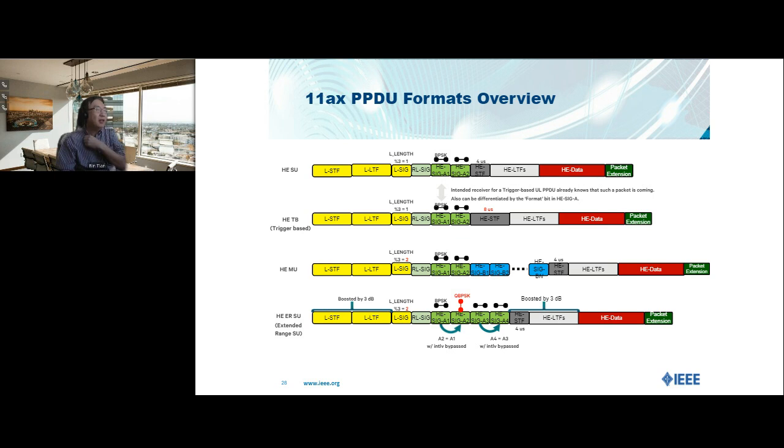We will cover this in the future, but this slide is a very nice summary. In the future, when you learn the following slides and forget how to differentiate these, you can always go back to this slide and see how the different PPDU formats are differentiated, classified, and what the different components are.